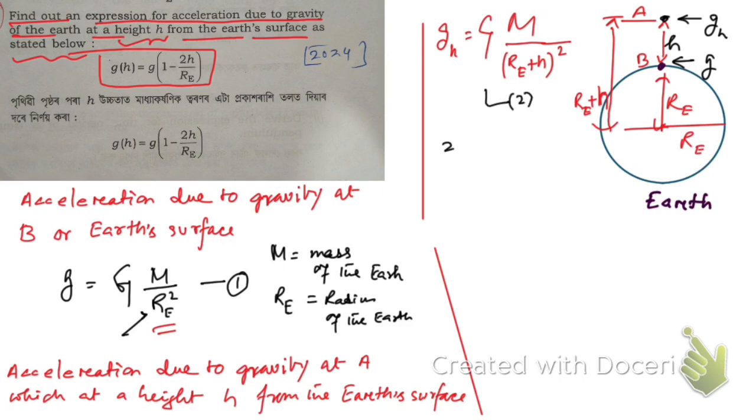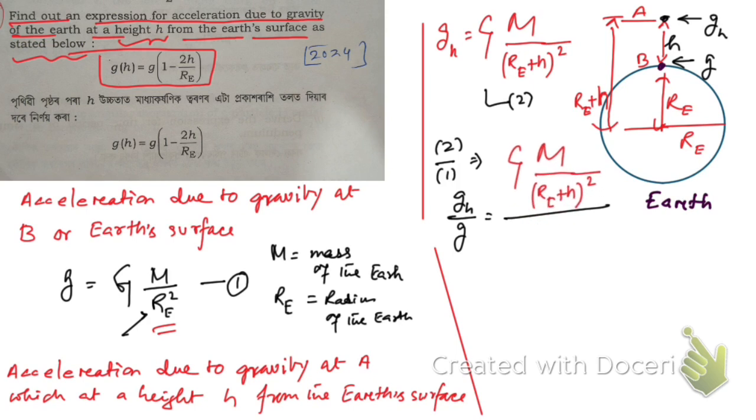Now equation number 2 divided by equation number 1, if you do so, then you're gonna get gh by g is equal to, let me write this here. Here is the value of gh, and here is the value of small g.